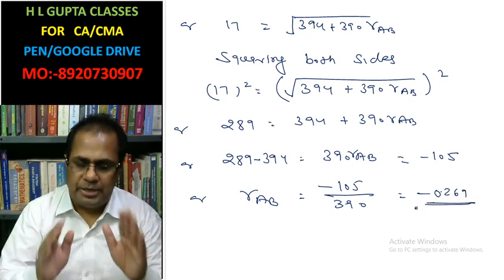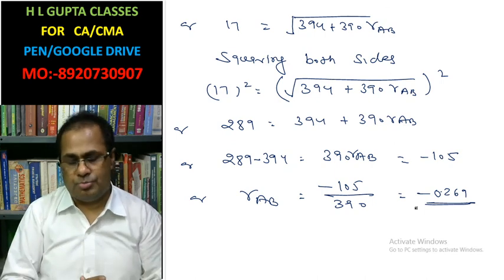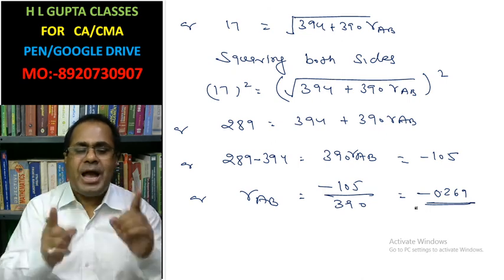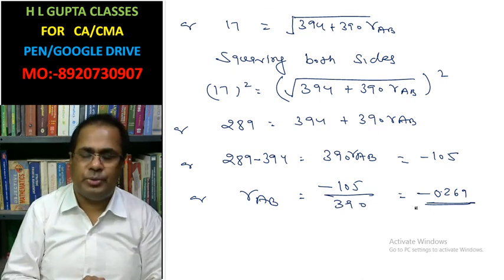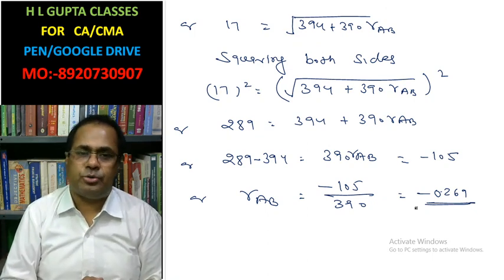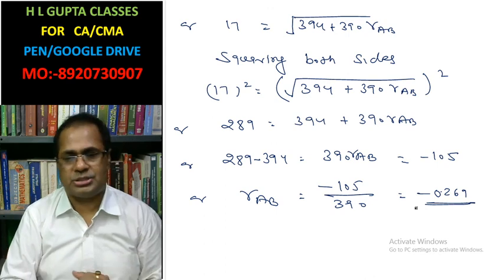It means that to bring portfolio risk to 17%, we should have a coefficient of correlation of minus 0.269.